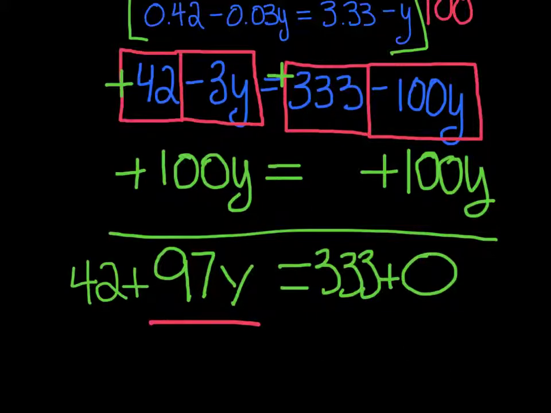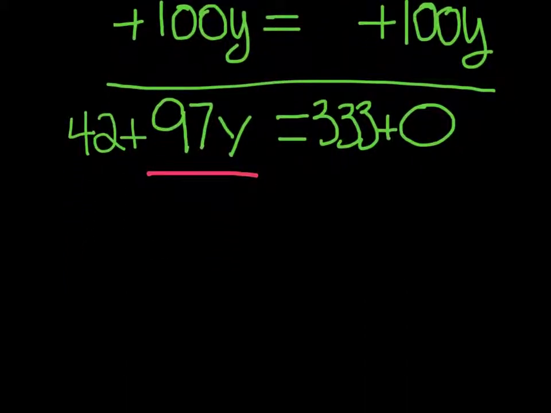So from here, I now need to get my 42 away from my 97y, because as we all know, the goal is always to isolate the variable. So I have to take a minute to remind myself that in front of this 42, there is an understood plus sign.